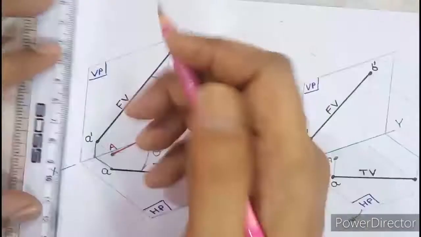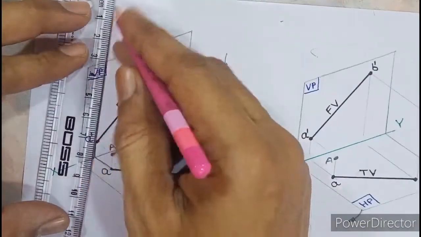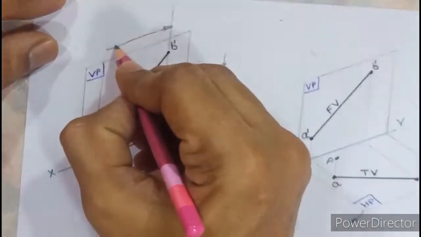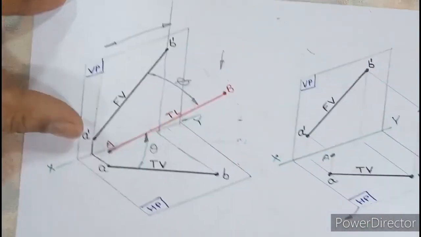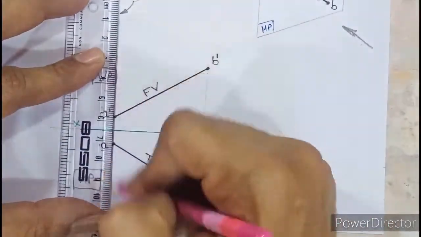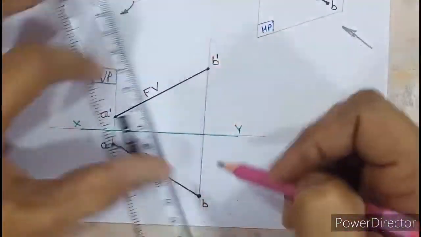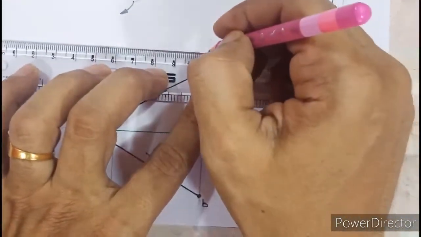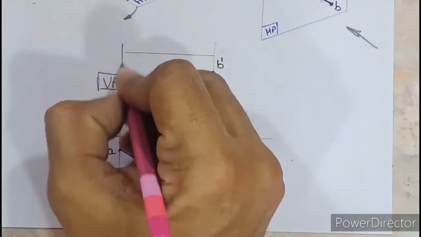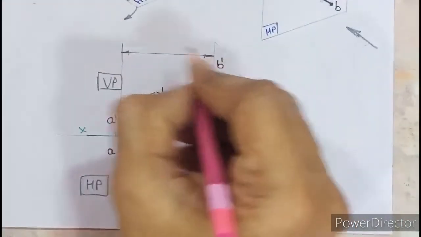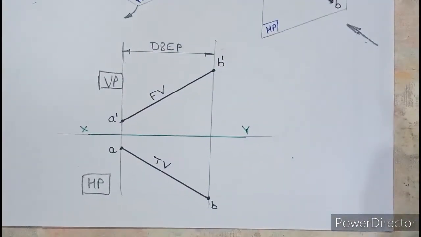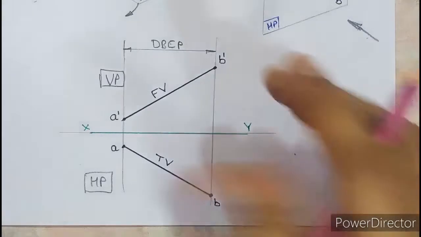If you extend the projector of A and projector of B, we have seen earlier that this horizontal distance is called DBP. So here also, this is the projector of A and this is the projector of B. This horizontal distance between both the projectors is called distance between end projectors. Hope this diagram is clear.